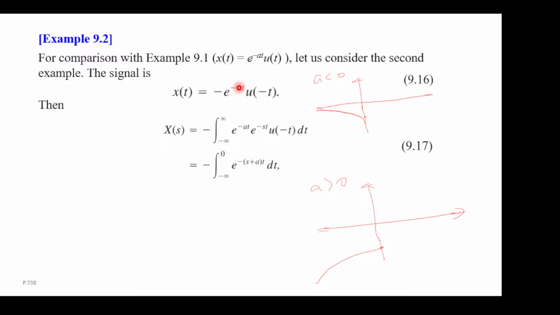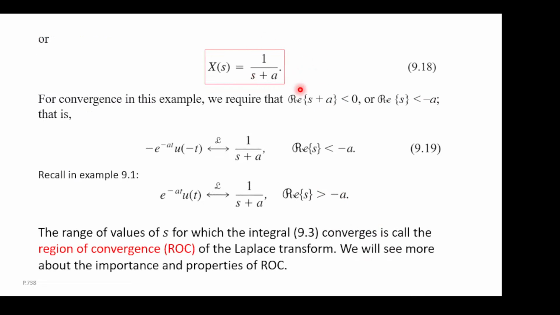And because you have the u of minus t, for t bigger than 0 it is all 0. And so this is quite a different exponential decay function. We found that it has the same algebraic expression for its Laplace transform. So you do the Laplace transform, and it is also 1 over s plus a. But then its region of convergence is that the real part of s is now less than minus a.